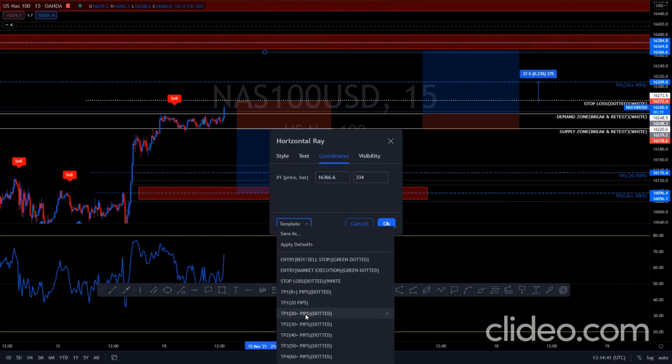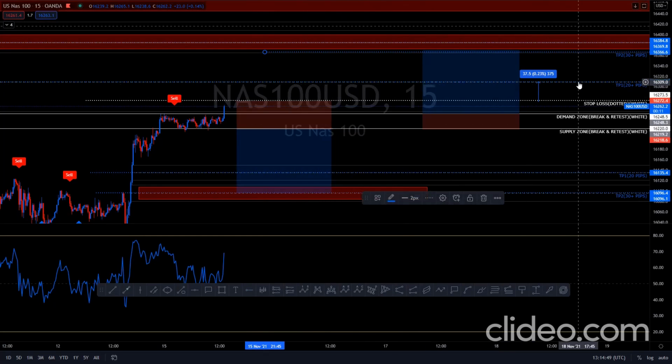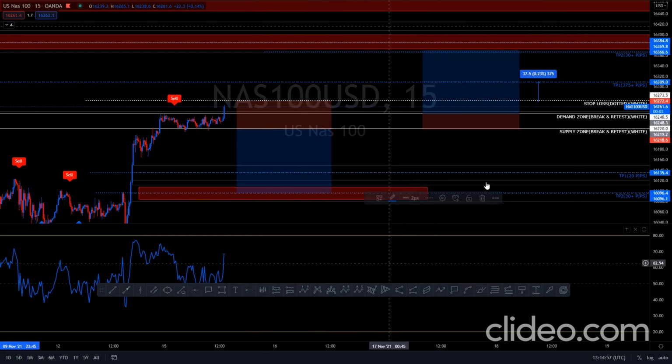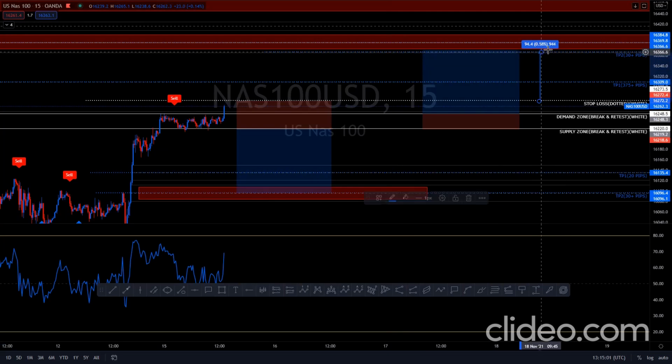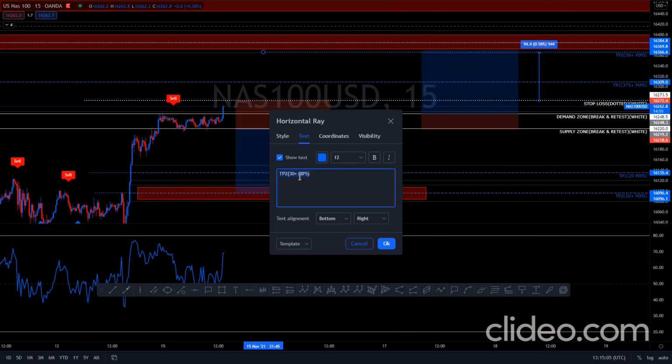So yeah, this is the second one. Take profit one is 375 plus pips, and this one is going to be 140 plus.